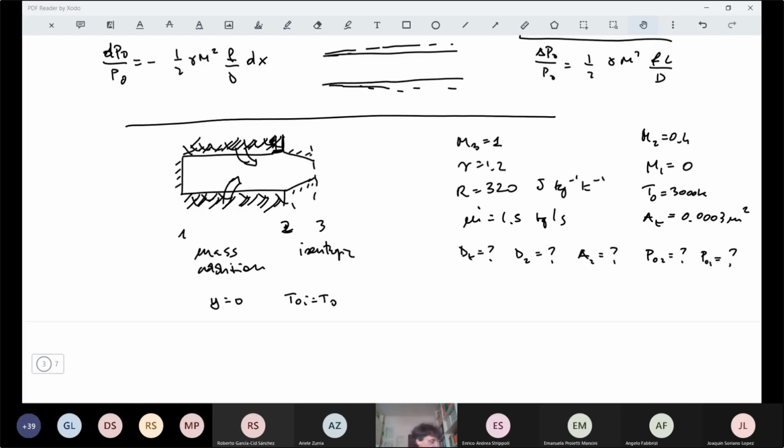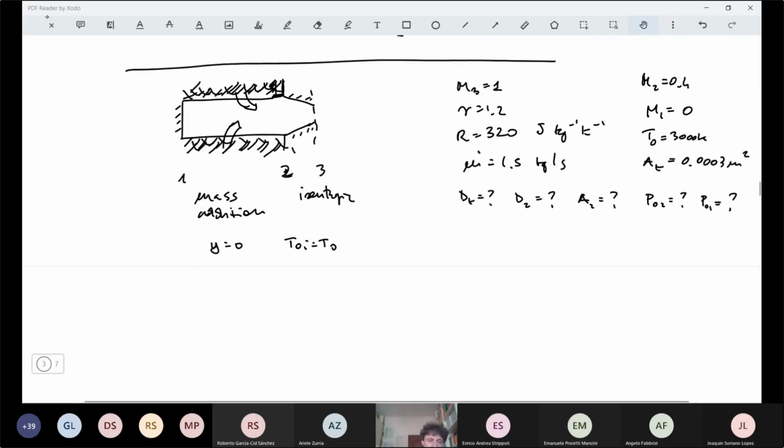With this assumption, we can exploit the relation of the area for getting A2 over A3. This will be a function of M2, M3, gamma.